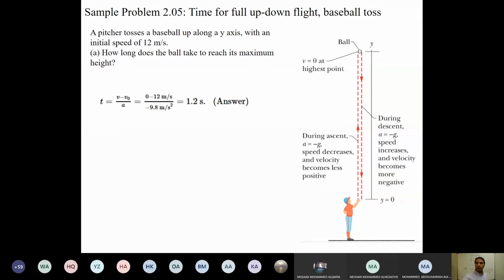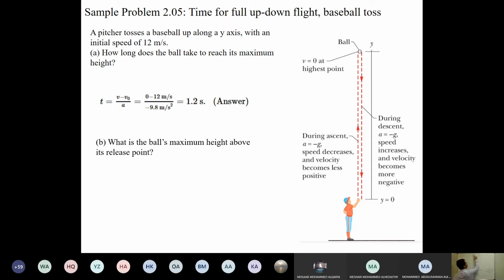Now let's look at the second part of the problem. What is the ball's maximum height above its release point? So they're asking which height it should attain. Okay, you're familiar with the equations of motion.